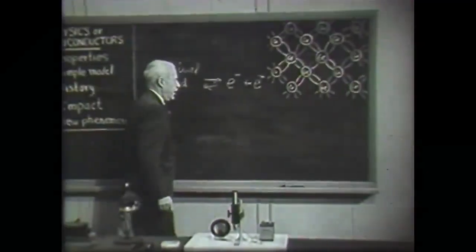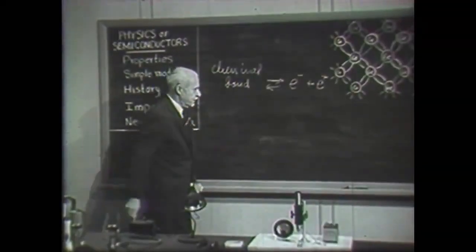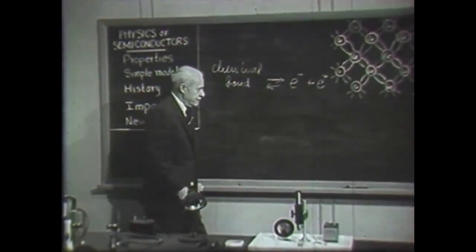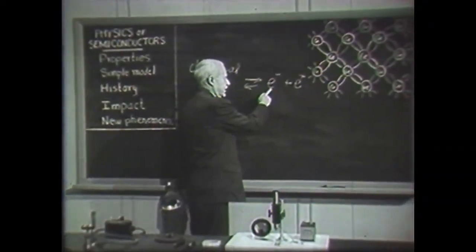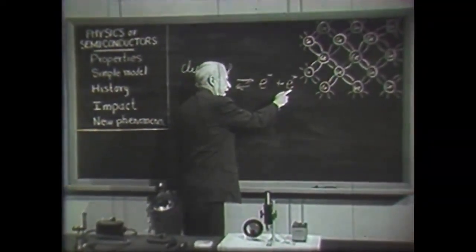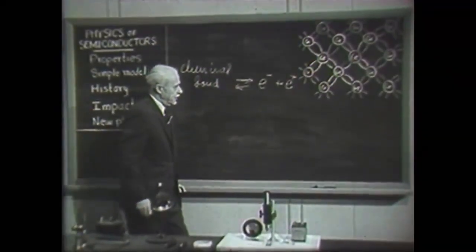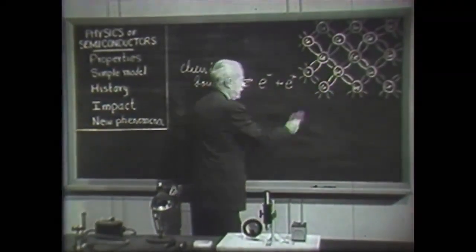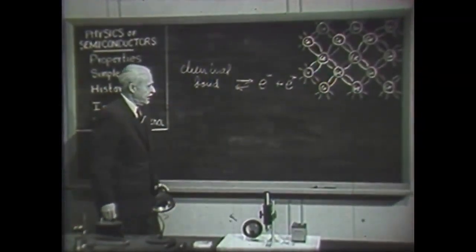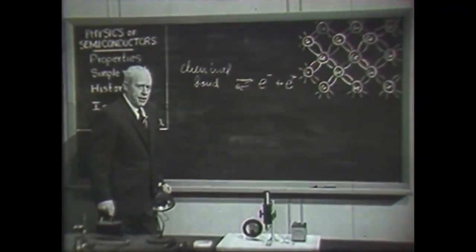So we have a medium in which, by dissociation of chemical bonds, we can have both free electrons to conduct electricity and free vacant positions in the lattice to conduct. These vacant positions are called holes. And we have a medium in which we can have both electrons and holes as carriers of electrical current.